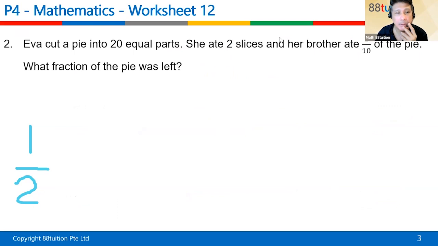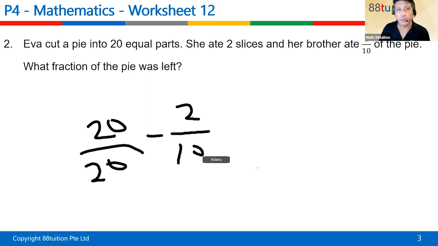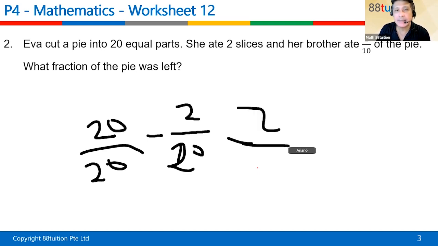Let's take a look at Ariano trying to solve it for us. 20 out of 20 is actually the 1 whole. So 1 whole minus 2 slices means 2 out of 20, and then after that, minus another 2 out of 20.